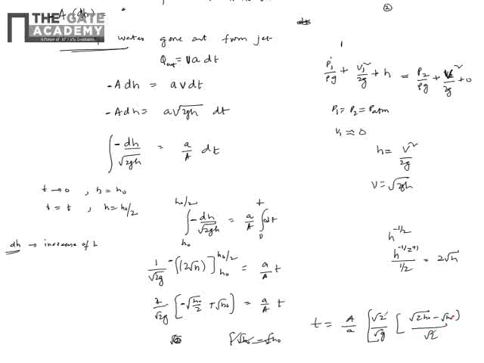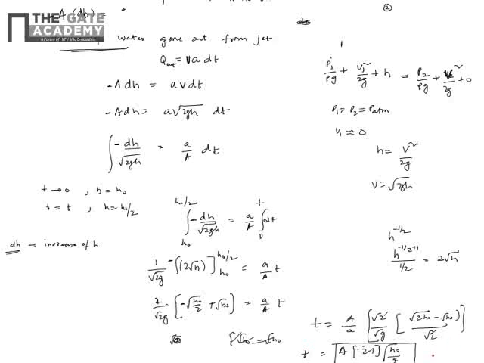The time will be A by small a, times root 2 by root g, times that. The root 2 gets cancelled, so it will be A by small a times root 2 minus 1, times root h naught by g. So this is the time it will take to reduce the height.